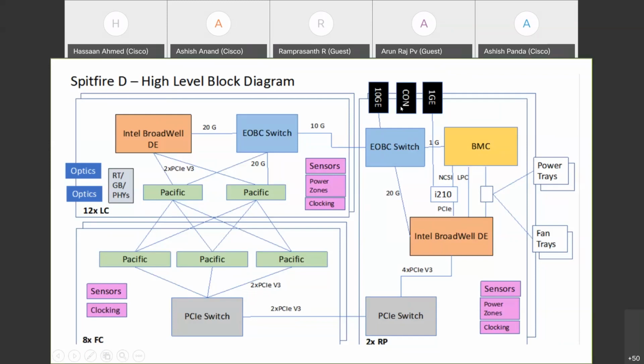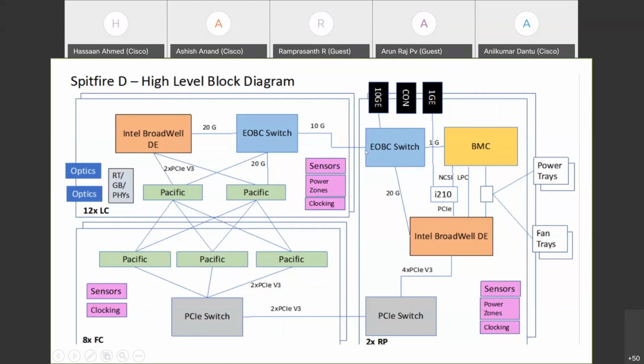Now this is the block diagram of each of the cards. This is the RP, then you have your line cards, and you have your fabric cards. On the RP you have an EOBC switch, by which it is connected to the EOBC switch on the LC, which is used for all your control plane functions, like punt, inject, as well as image loading, image copy, and those things.